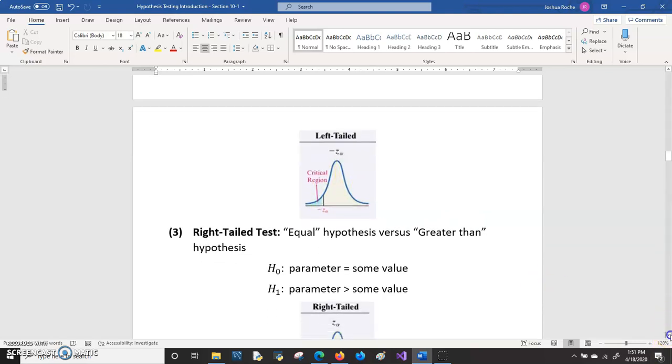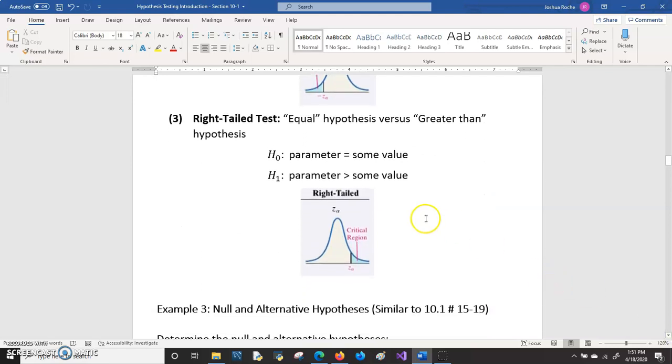A third kind of hypothesis is the right-tailed test. Right-tailed tests involve a greater than symbol for your alternative hypothesis. And the test involves the right tail of a distribution curve.